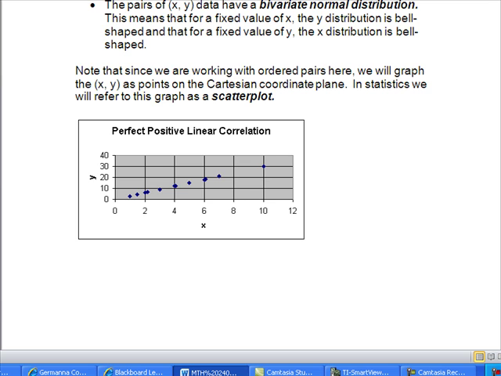If we think about rise over run, up and to the right, we have a positive slope. So we refer to this as a positive linear correlation. This one's positive because the line is going in a positive direction.